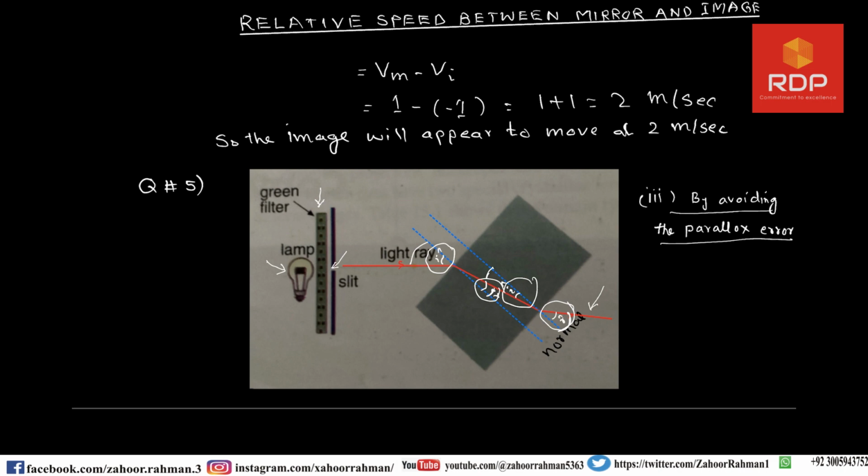You have to put your eyes above the instrument so that parallax error is avoided. And you know what parallax error is from the first topic of this course.